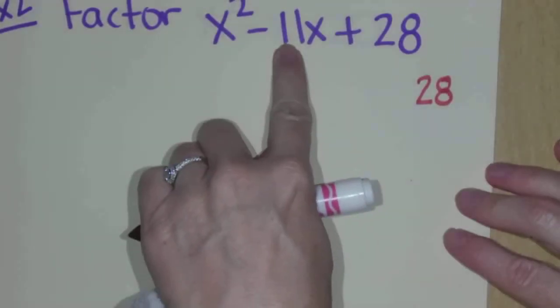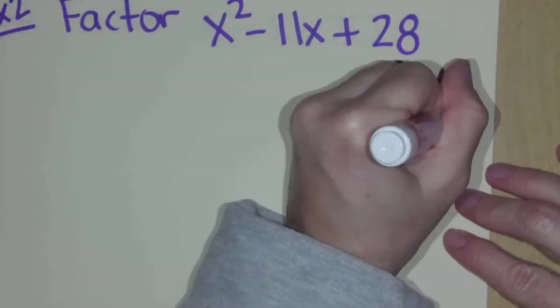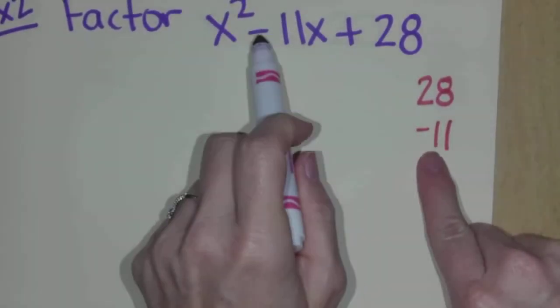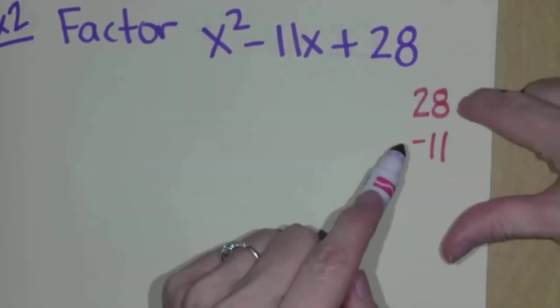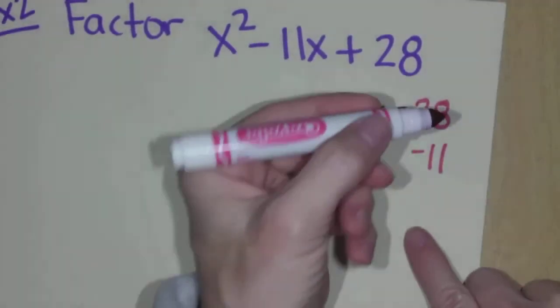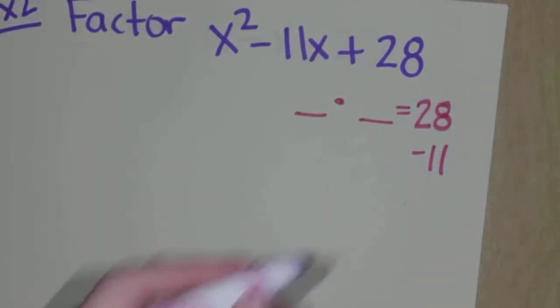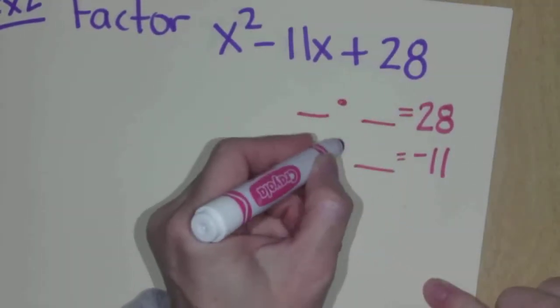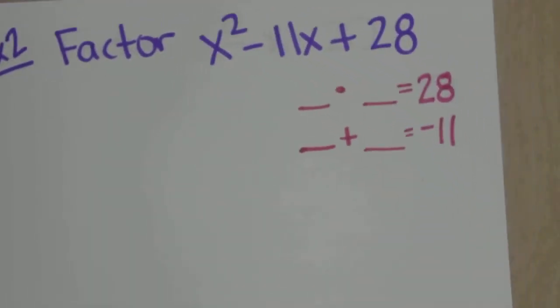Then we slide this negative 11 down underneath it. On these factoring problems, you definitely want to stay true to the sign that's in front of your term. So we have a positive 28, 1 times 28, and a negative 11. We're looking for 2 numbers whose product is 28, but whose sum is negative 11. Okay, pause it, give it a whirl.